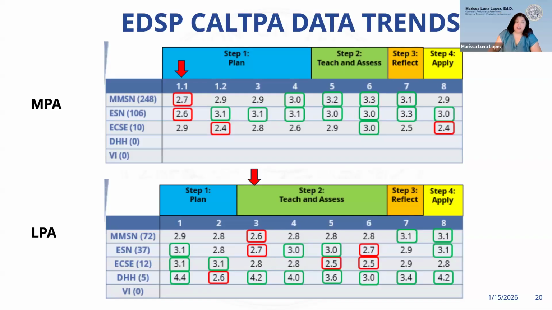Sure, taking a look at the LPA, the reason you're seeing probably no submissions for DHH and VI is they're very new to the world of performance assessment, having only required a performance assessment after July 1, 2025. But there may be some candidates, as you see in the LPA, that there were 5 DHH candidates that completed the LPA, because they had the option of foundations of reading, the literacy performance assessment, or the RICA up until the end of October.